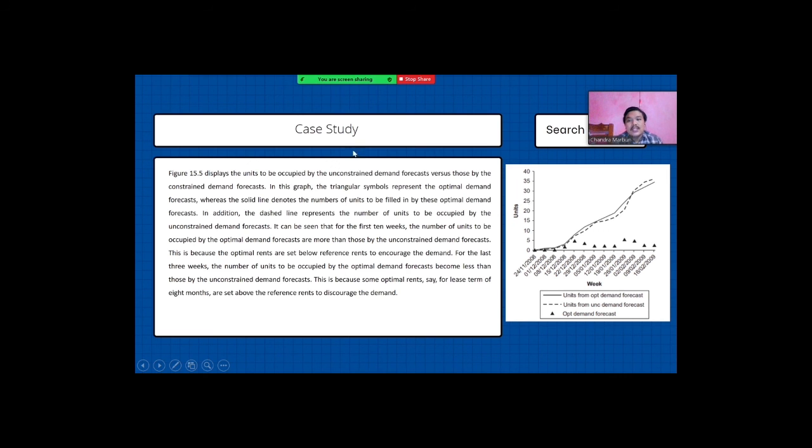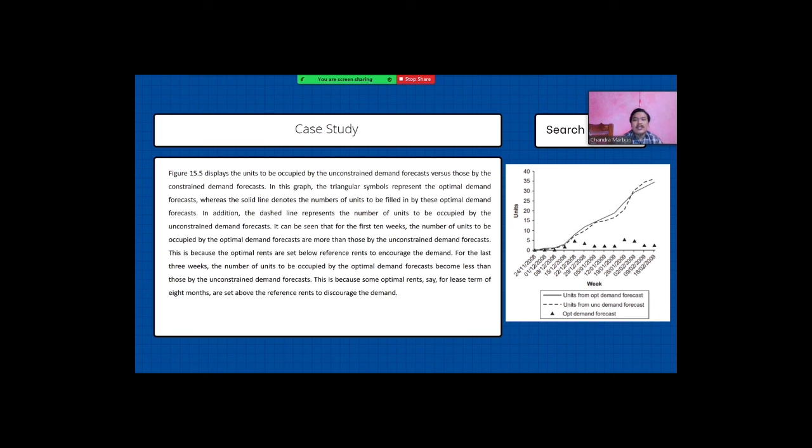This picture displays the units to be occupied by the unconstrained demand forecast versus those by the constrained demand forecast. In this graph, the triangular symbols represent the optimal demand forecast, whereas the solid line denotes the number of units to be filled by this optimal demand forecast. In addition, the dashed line represents the number of units to be occupied by the unconstrained demand forecast.